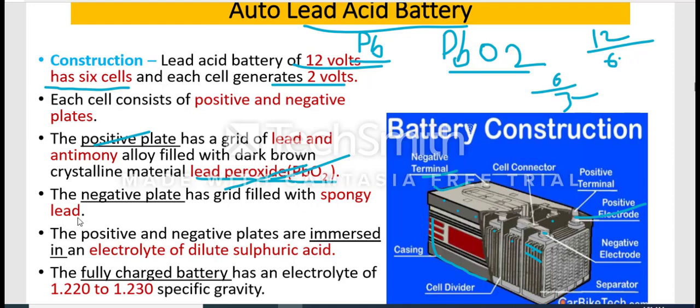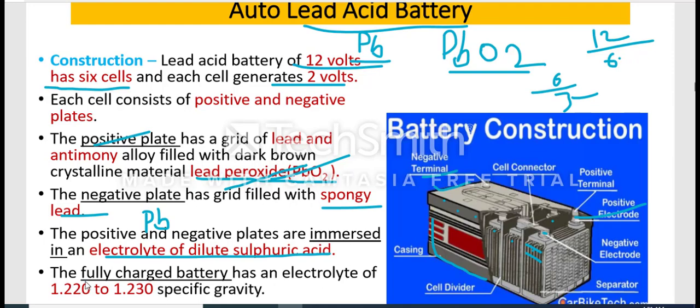Then the negative plate has a grid filled with spongy lead, that is Pb. Negative plates are made up of spongy lead. The positive and negative plates are immersed in an electrolyte of dilute sulfuric acid, that is H2SO4 and water.